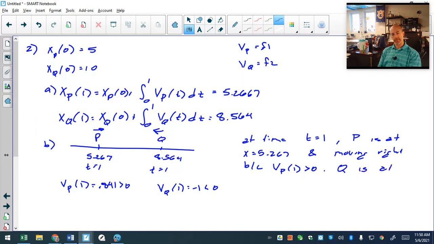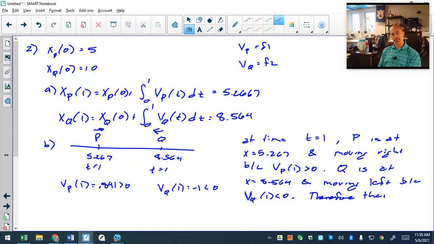Q is at x equals 8.564 and moving left because the velocity of particle Q at time 1 was negative. Therefore, they are moving towards each other. Kind of went a little bit wordy on that one, but there we go.